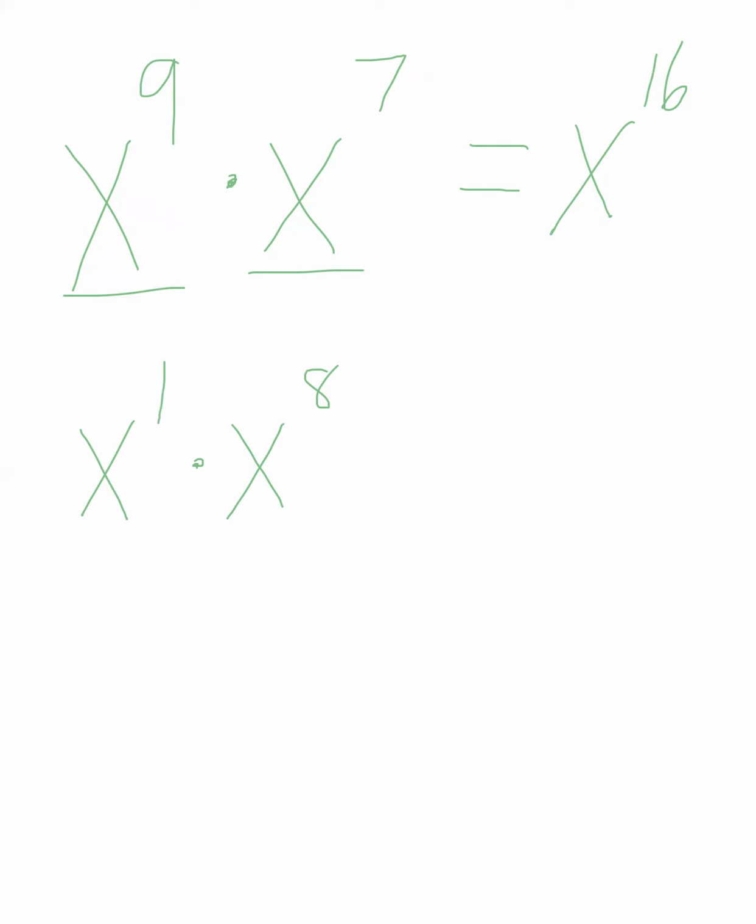So if a variable doesn't have an exponent, it actually does have an exponent. It's just a 1, and we don't write it because we're lazy, okay? There's no need. It's an accepted rule. So they have the same base, and just knowing that there would be a 1 there, 1 plus 8 gets me a 9.